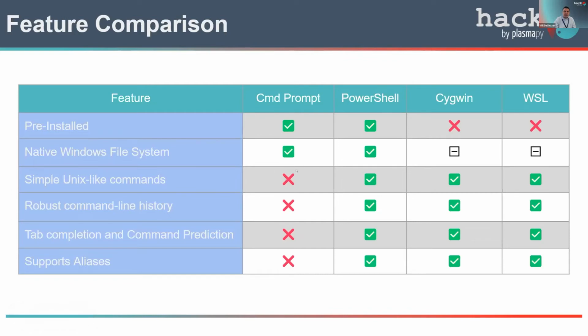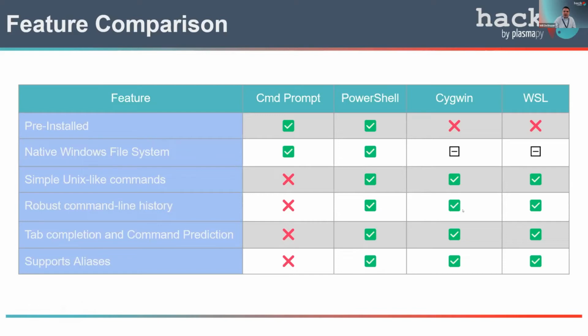Command prompt is not Unix-like whatsoever. I shouldn't say whatsoever. I mean, you can CD to directories, but that's about it. PowerShell contains most of the simple commands, which Nick reminded me we probably should talk about. So we can talk about that later. Cygwin and WSL have the full suite of Linux API.